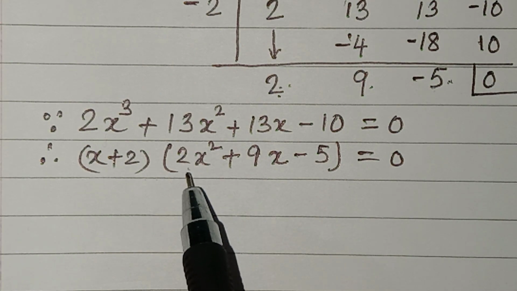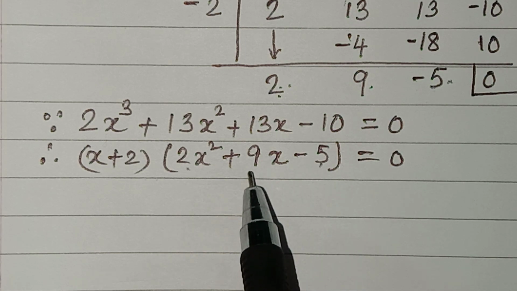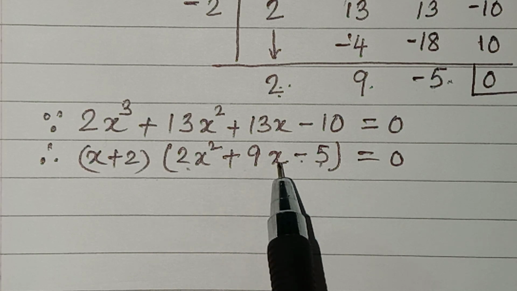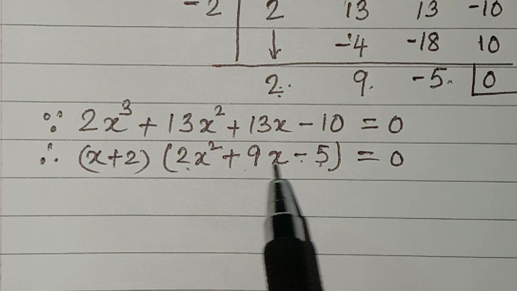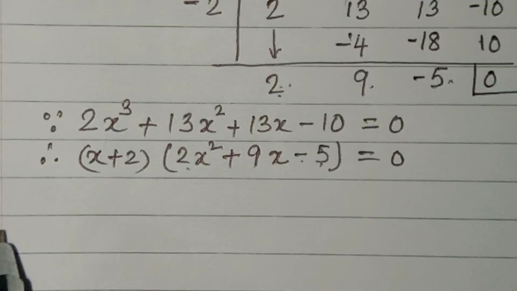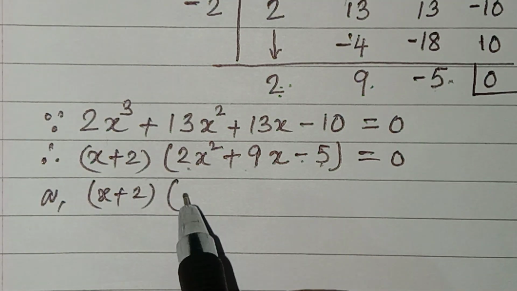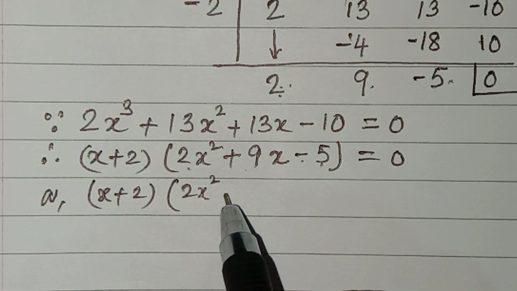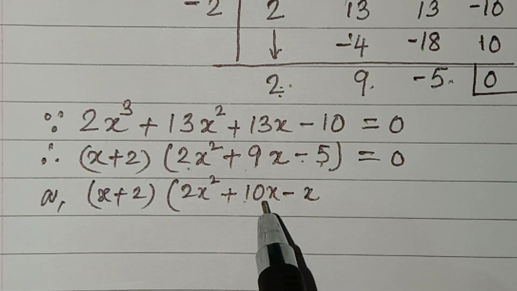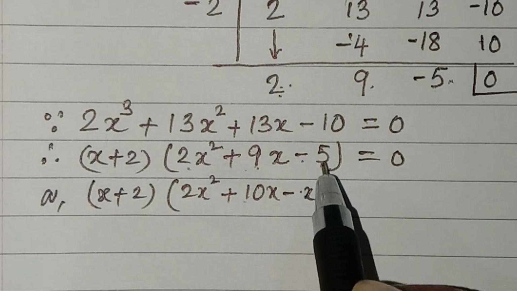For midterm factorization, 2 times 5 is 10, and the factors of 10 which give 9 as the difference are 10 and 1. 10 minus 1 gives 9, and 10 times 1 is 10.